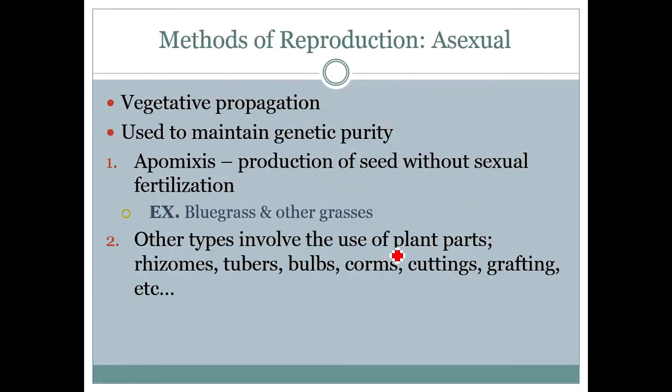So we also have asexual methods of reproduction. Generally, we have other terms that we refer to this as, either vegetative propagation. It is used to maintain genetic purity, because when you vegetatively propagate something, using plant parts like rhizomes, tubers, bulbs, corms, cuttings, grafting.